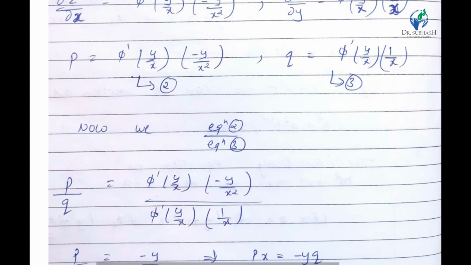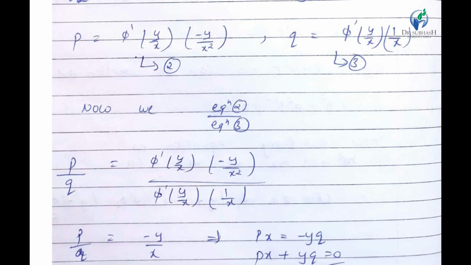Now we have to remove the arbitrary function, and here our arbitrary function is phi. So what we will do is divide equation 2 by equation 3. On dividing, we get p by q equal to phi dash of y by x into minus y upon x square, upon phi dash of y by x into 1 upon x.